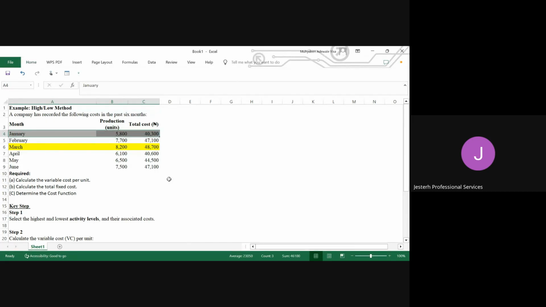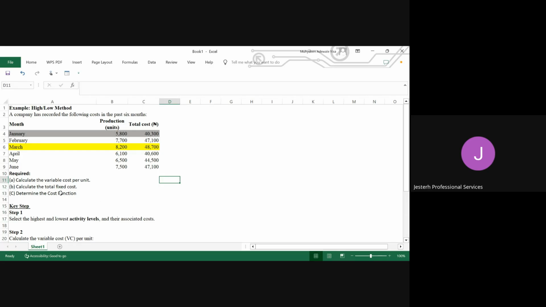Those are the two things that we are going to concentrate on here, because we are using a method known as the high and low method: the higher level of activities and the lower level of activities.